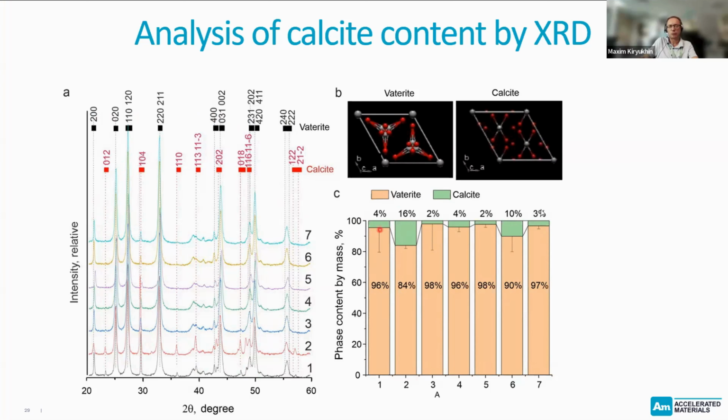When we calculated the amount of both vaterite and calcite produced, we get this data that the content of calcite varies from 2 to 16%, depending on the conditions.